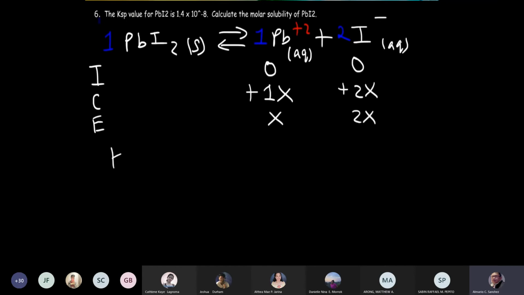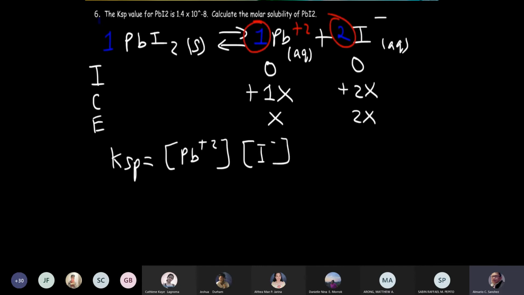So now let's write the KSP expression for this reaction. So it's going to be Pb plus 2 and then times the concentration of iodide. Now the coefficients will turn into the exponents in the equilibrium expression.